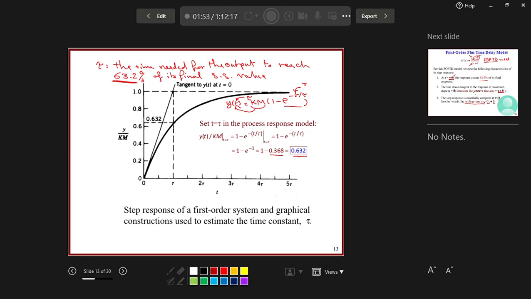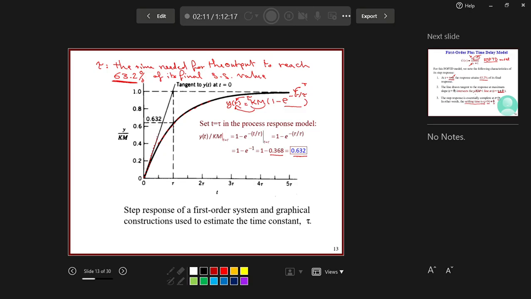Graphically, this also can be demonstrated. The graph here represents the output of the process, the exponential graph. If you take the tangent to the graph at time equal to 0, you will have this line.